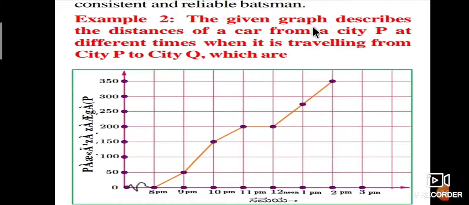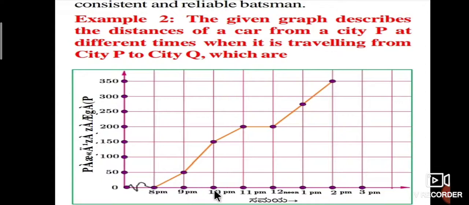The given graph describes the distance of a car from a city P at different times when it is traveling from city P to city Q. Observe here, the vertical axis is called the y-axis and the horizontal axis is called the x-axis. In the x-axis we take time.